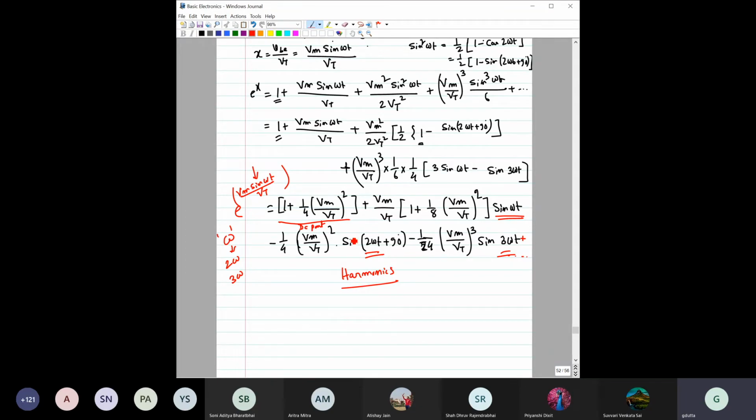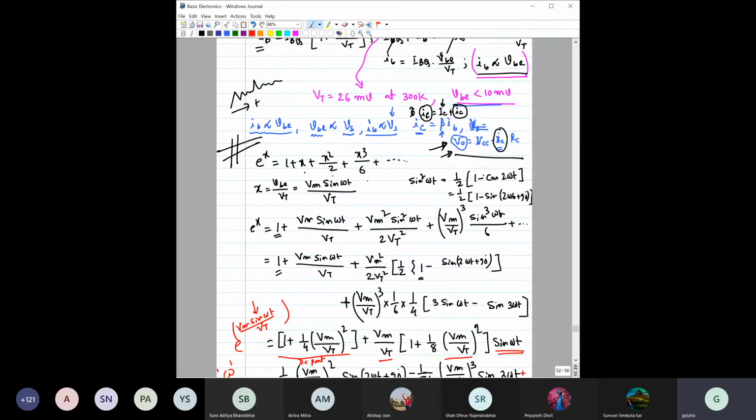Also, even if you are lucky enough that you could separate out the harmonics, you see that even that sine of omega t term has some part which is not linear, right? That means even this approximation that we are doing, that e to the power x only the first term, we also have some error involved in that.